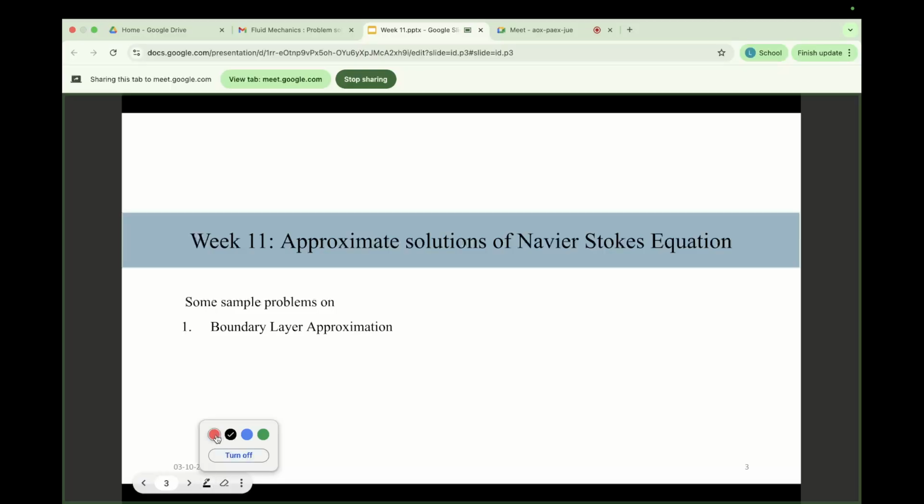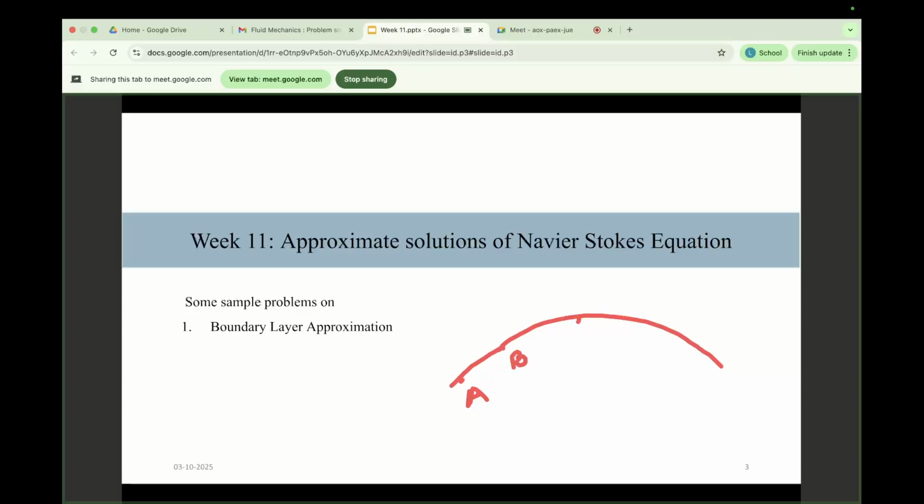I am taking a few points: A, this is B, this is C, this is D, and this is E. Okay. Assume this surface is fixed, that is, the surface is not moving. It's a stationary surface. So certain fluid is flowing over it.